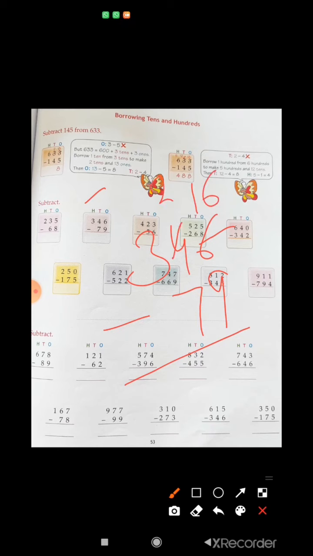Here will be 3 remaining. 16 minus 9 is 7. Now subtract the tens. 3 is less than 7. Take borrow from 3. Here will be 13. And here 2 remaining. 13 minus 7 is 6. 2 minus 0 is 2. The answer is 267.